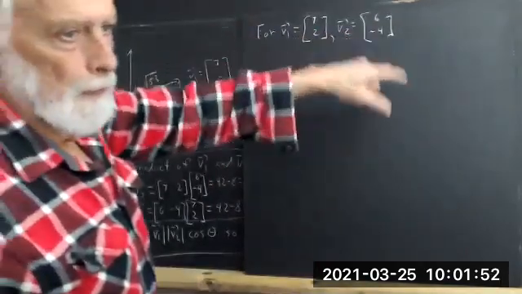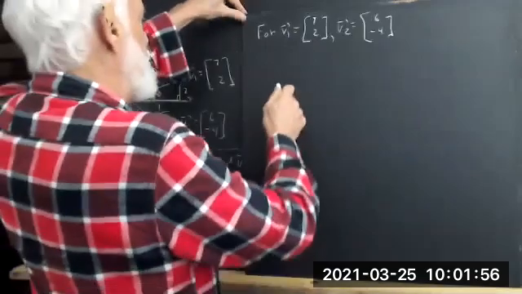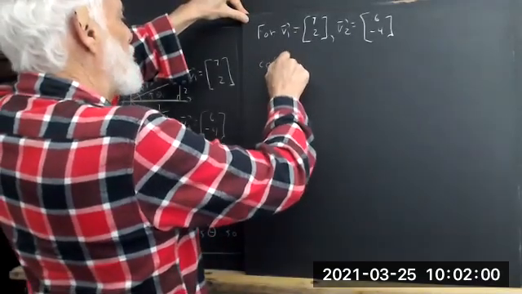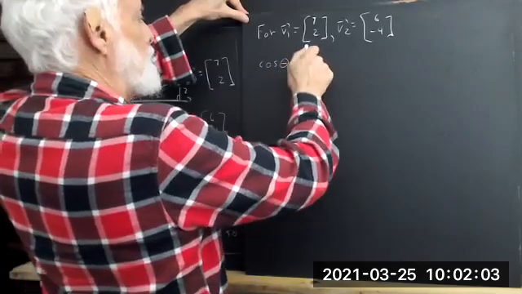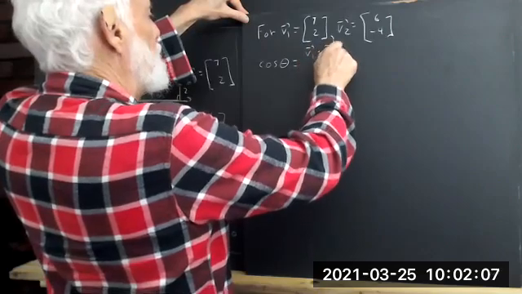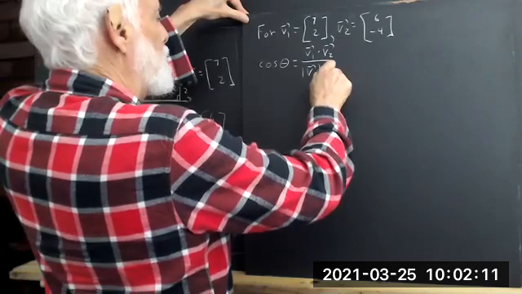V1 equals 7, 2, V2 equals 6, -4. What do we have? We have cosine theta equals V1 dot V2 over the magnitude of V1 times the magnitude of V2.